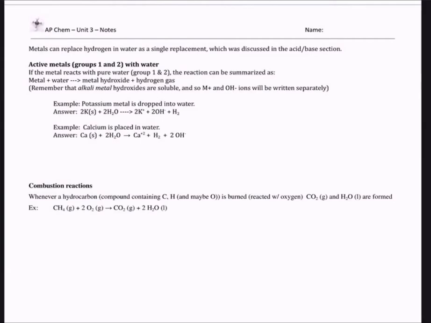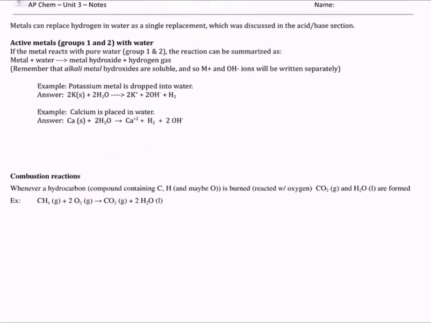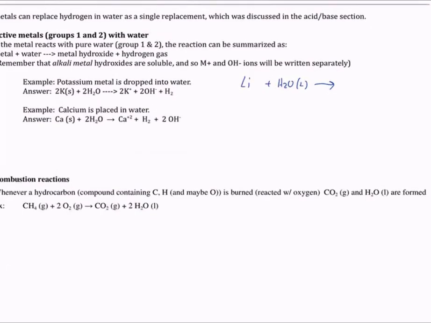So let's try one. Let me give you one and kind of just match the pattern here. Lithium. What's our product or products? What are we going to get? Yep, we're going to get lithium ion.